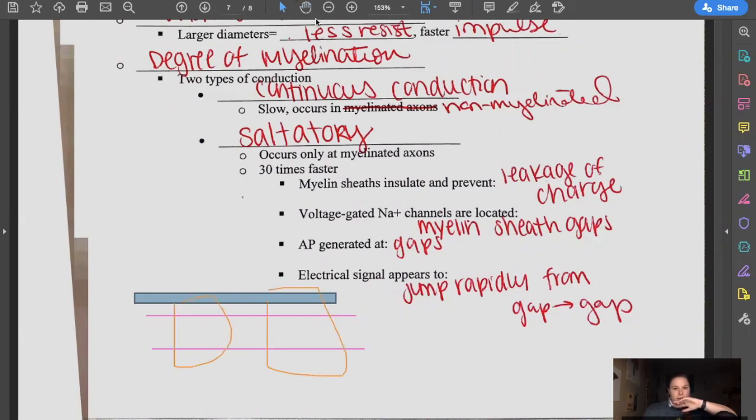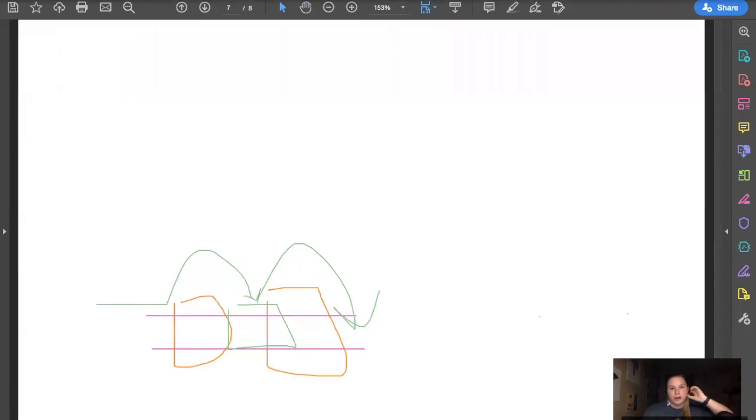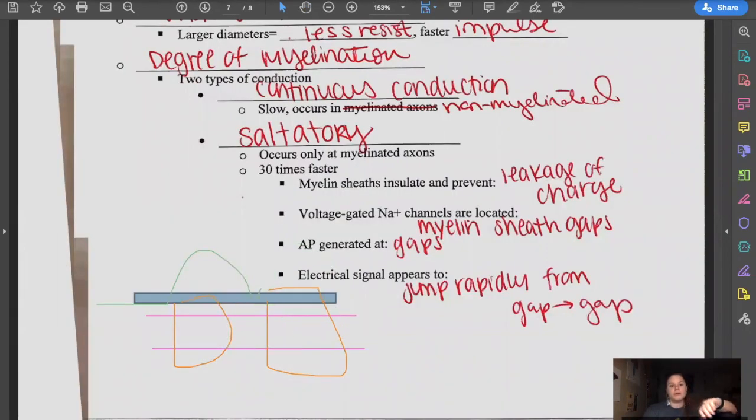And then this is our action potential. So we're coming down and we see this gap and we go, oh, we jump to here. Sorry, let's go back. Let's do that again. Action potential, jump, right? So this is our node of Ranvier right here, okay? And then we can jump again, right? So this allows us to jump from gap to gap, and it happens so much faster, right? 30 times faster.